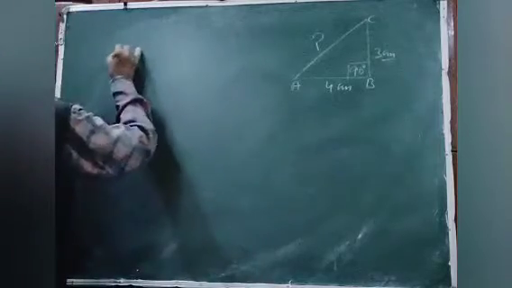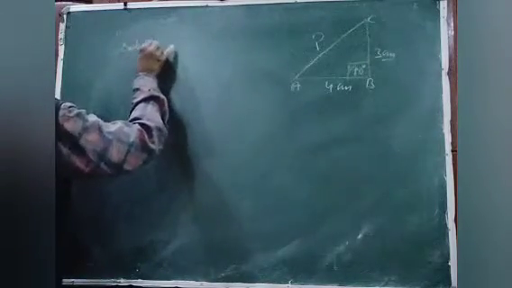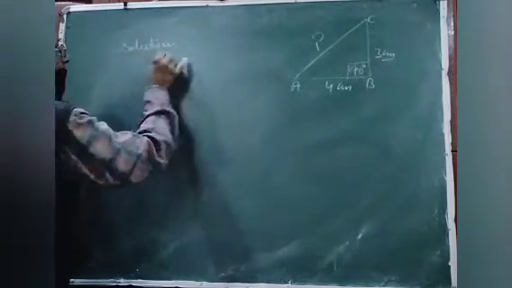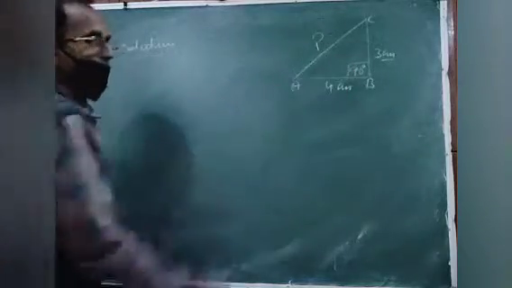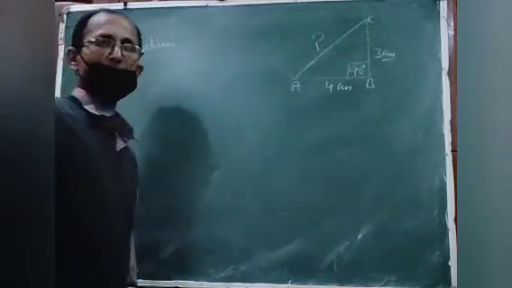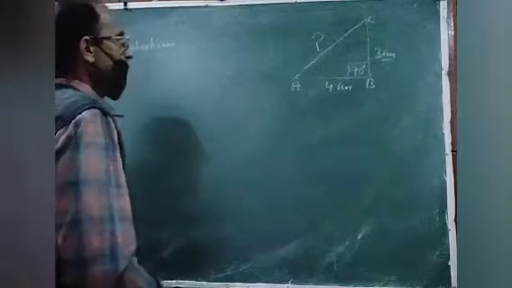Now solution. Because one angle is 90 degrees, this is called a right angled triangle.